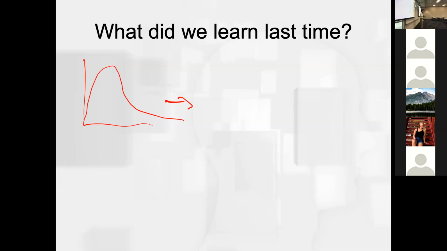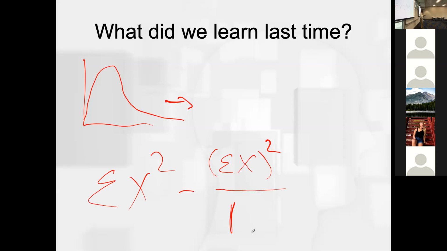And who, off the top of their head, remembers the equation to get the sum of squares? Sigma of x squared minus sigma of x, quantity squared, divided by n. Exactly. So when we look at this equation, we have sigma x squared represented here on the left. What is that telling us to do?